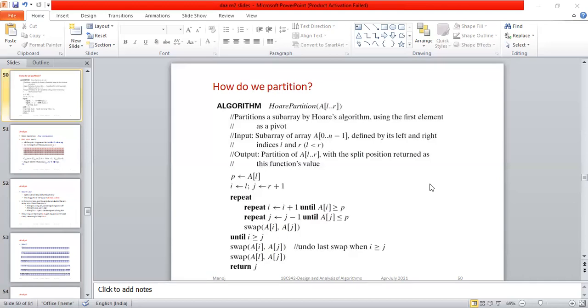Whether pivot is pointing to L or R. Which is the pivot element? Yes, you have to tell me which is P. P is the pivot element. So which one is it?